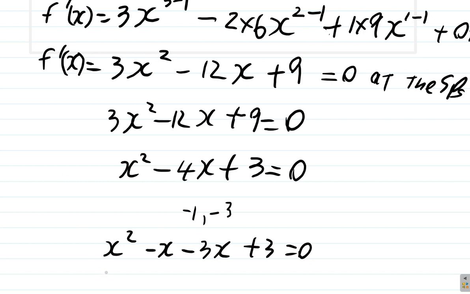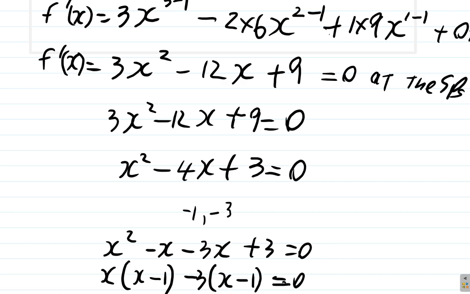If we factorize these two, the x squared minus x, we have in bracket x minus 1. We should have the same thing in the other bracket. If we say minus 3 inside this bracket, negative 3 into negative 3x is positive x. Negative 3 into positive 3 is negative 1. So, it's equal to 0.